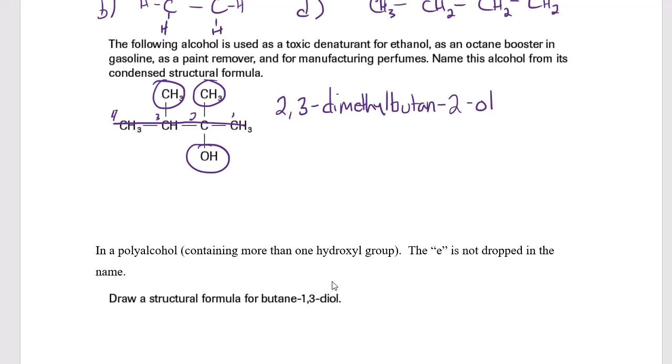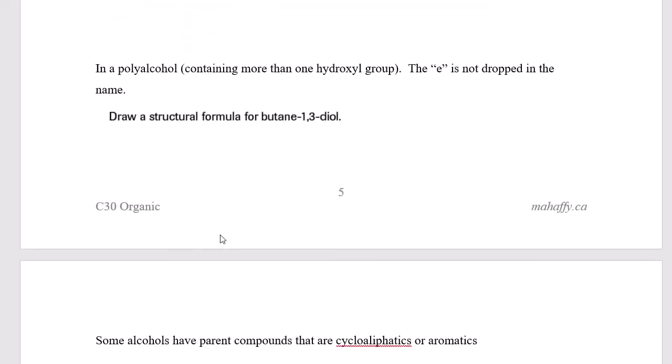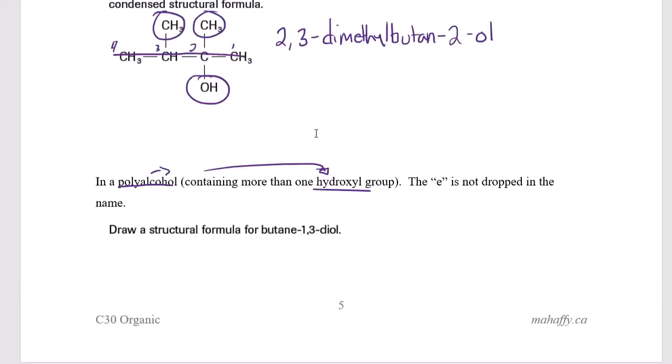Now, if you have a polyalcohol, which you might use your reasoning skills to determine means it has more than one hydroxyl group, poly meaning many, then there's kind of a funny thing that happens with the naming. In our previous names, we've dropped the E, right?